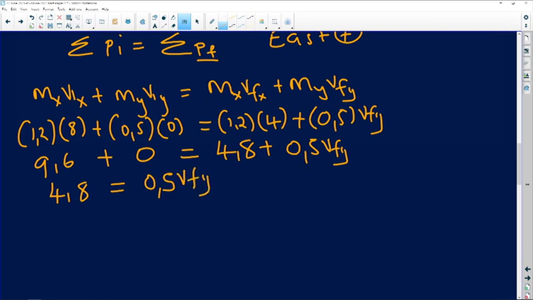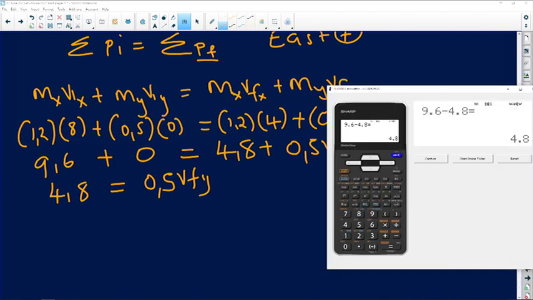We divide both sides by 0,5. So we go to our calculator now and say 4,8 divided by 0,5. What do we then get there? Our answer then becomes 9,6.